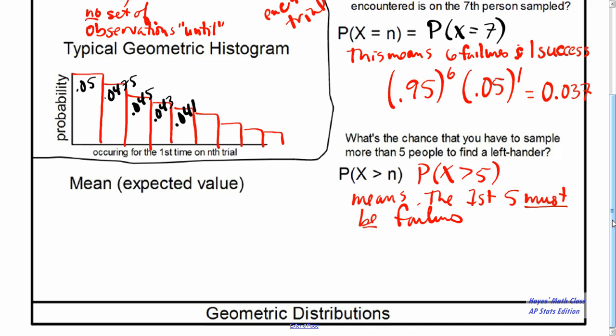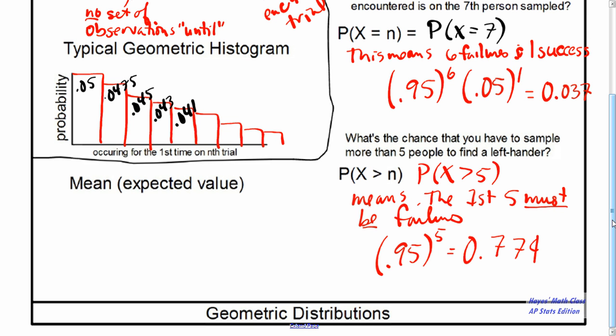So that's the same thing as asking what's the chance that the first 5 people you meet are all right-handed. So 0.95 raised to the 5th power, and so you get 0.774.